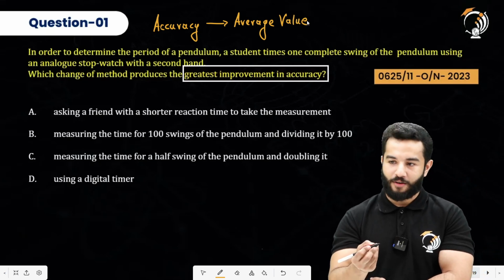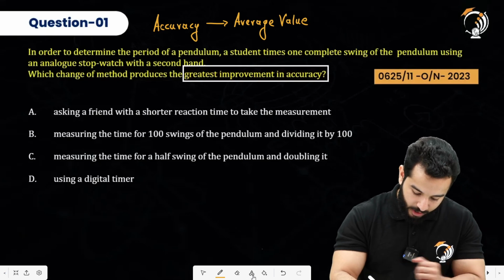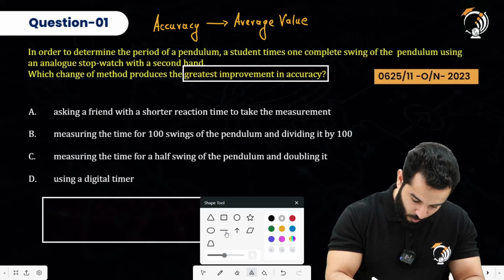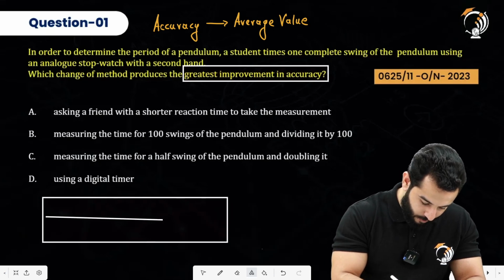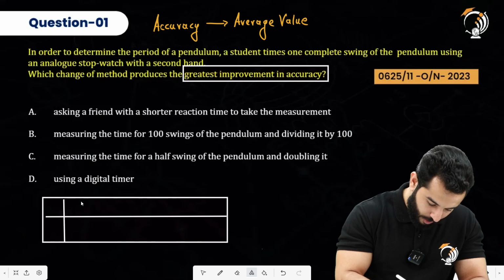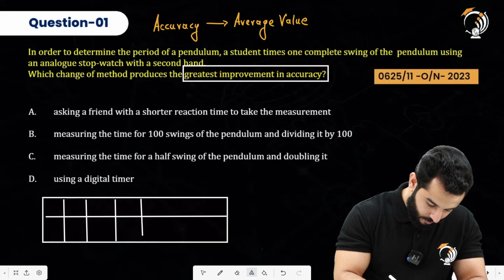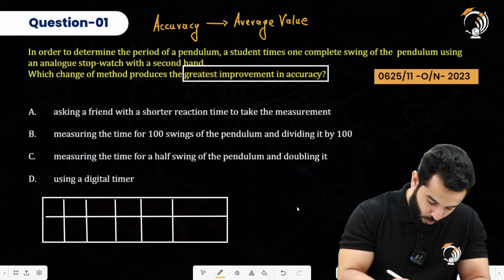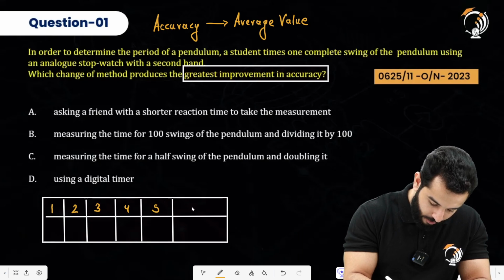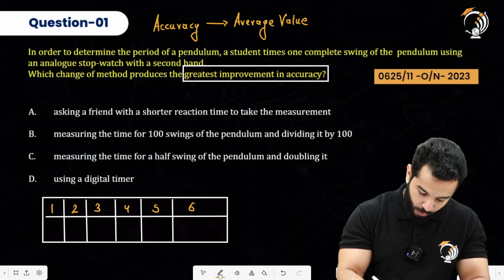Now, what do you mean by average values? Let's say that we are doing an experiment in which we are calculating the time period. So let's say these are the number of experiments: experiment 1, 2, 3, 4, 5, 6, and you're going to get different values.